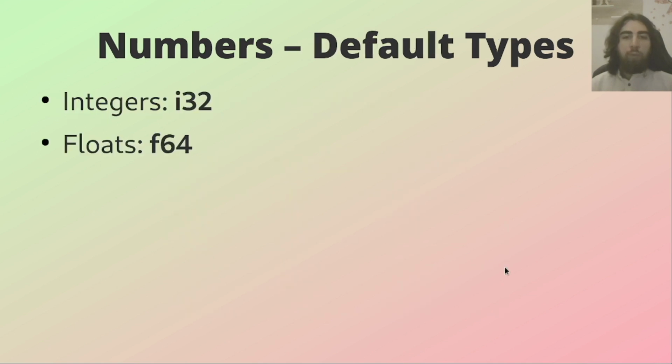The default types in Rust are i32 for integers and f64 for floats. So if we don't annotate anything, the compiler will infer these types.